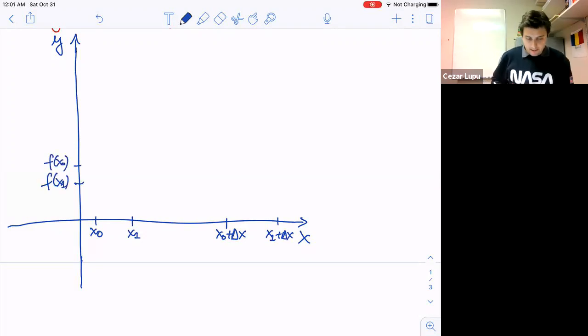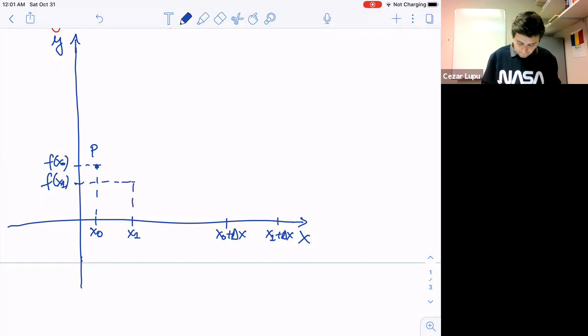So the points, let's say, here I'll have a point, let's just say P. Here I'll have another one at the intersection, let's say R. Just because this will be like a curve anyway, we'll see that. And let's say here I'll have f of x0 plus delta x0, and here I'll have f of x1 plus delta x1.